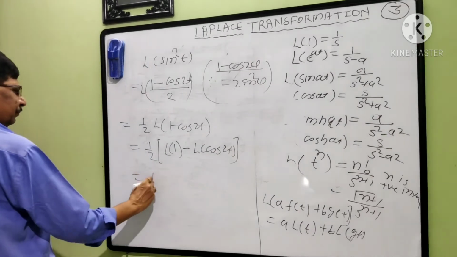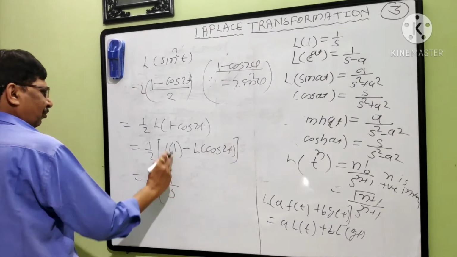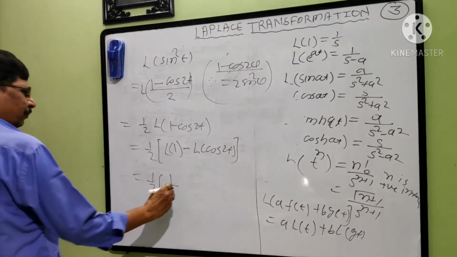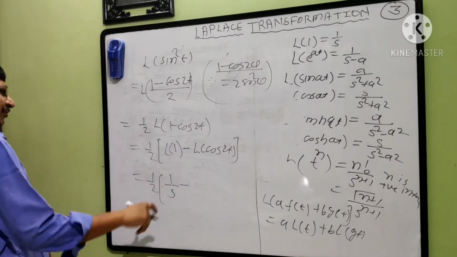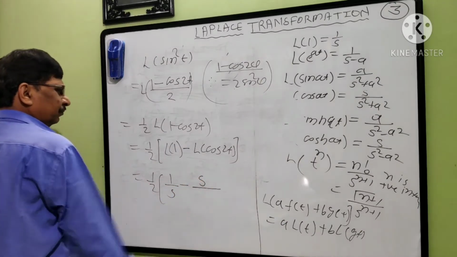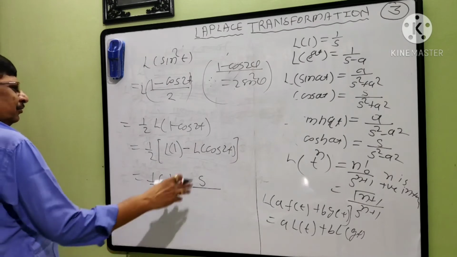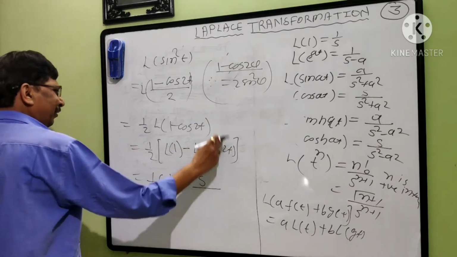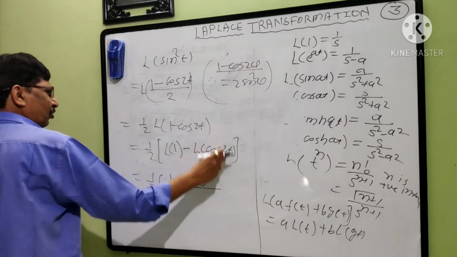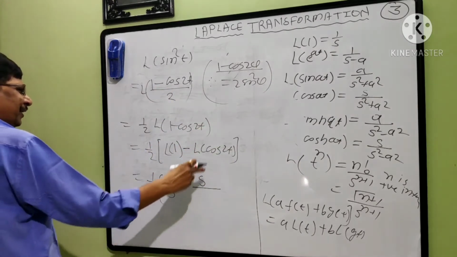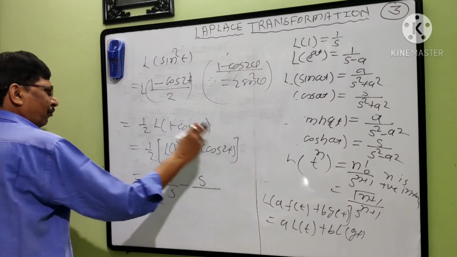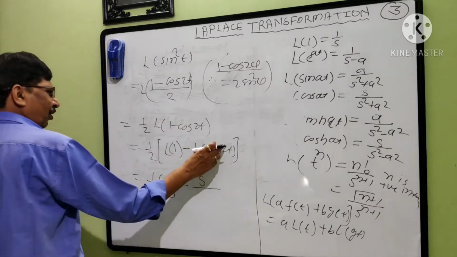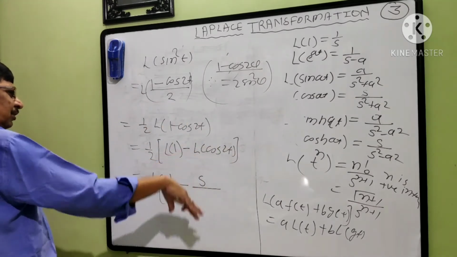Now Laplace transformation of 1 is 1 by s, minus Laplace transform of cos means s. No need to think, cos means s in the numerator. But if there is a sine, a will come in the numerator. That means you have to observe which is a, because a comes here for sine, whether it is hyperbolic or circular.